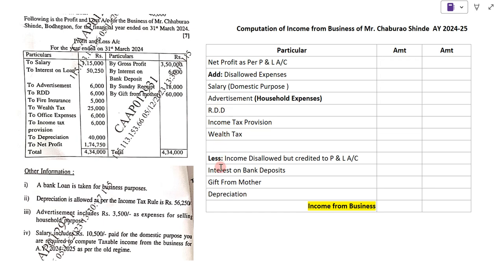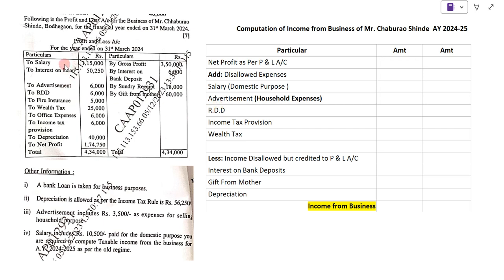Okay, and less the income disallowed but credited to profit and loss account. So whatever things in this profit and loss account belong to the business, we will not take in the calculation. The expenses which are not related to the business, like the expenses occurring due to personal use, will be added.